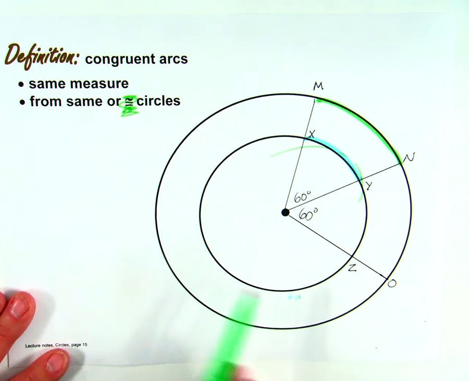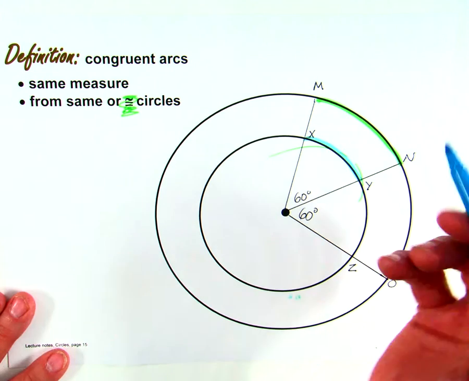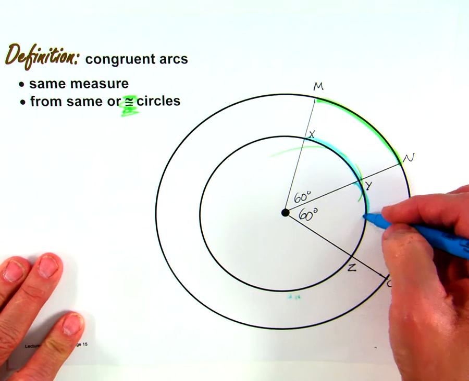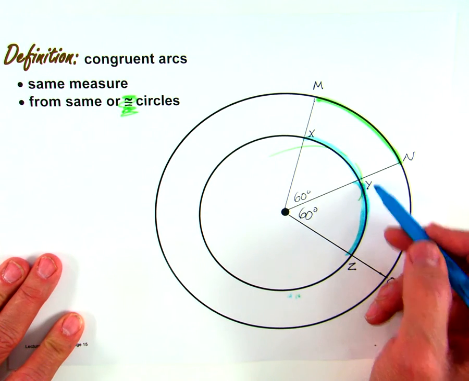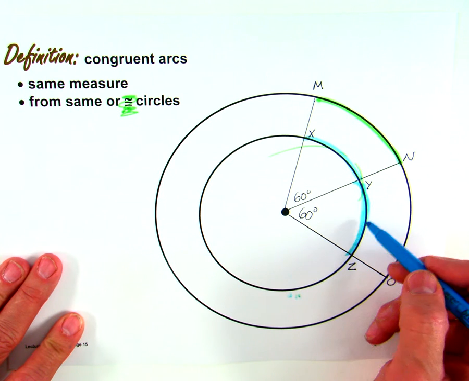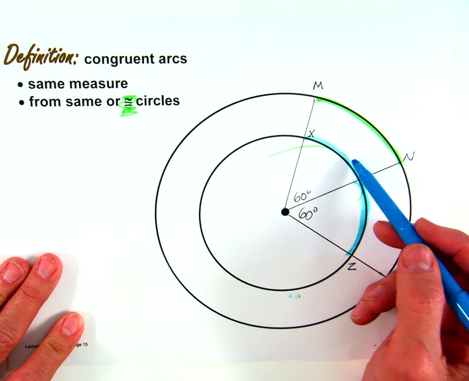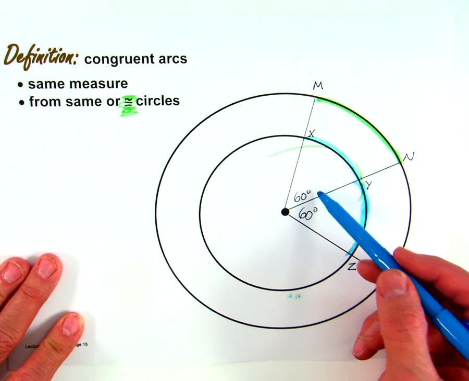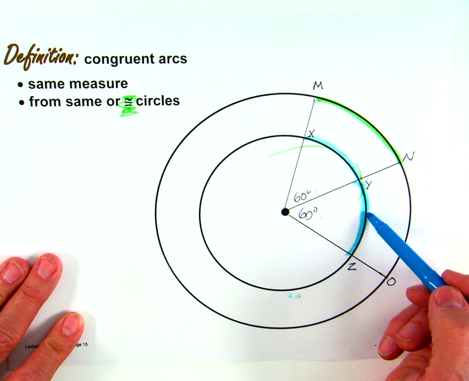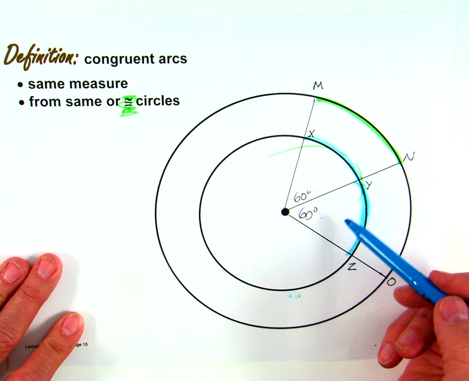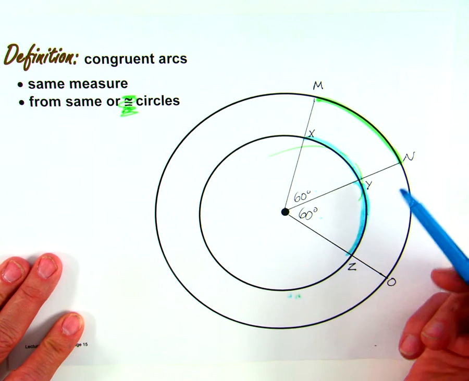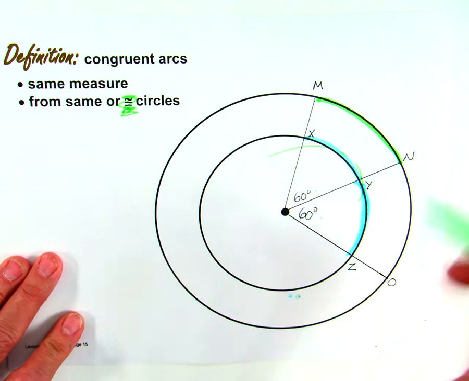So if I have here, what about over here, the one I've just marked in blue again, YZ? Is YZ congruent to XY? Yes, it is. It has the same measure. They are both 60-degree arcs, and they are from the same circle, not just similar, actually the same circle. Same deal here.